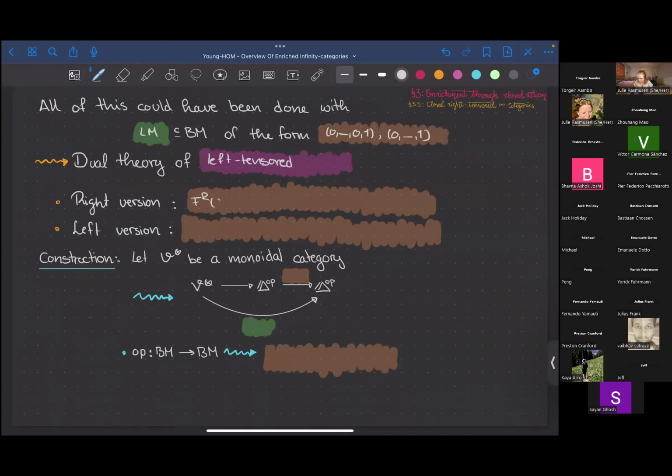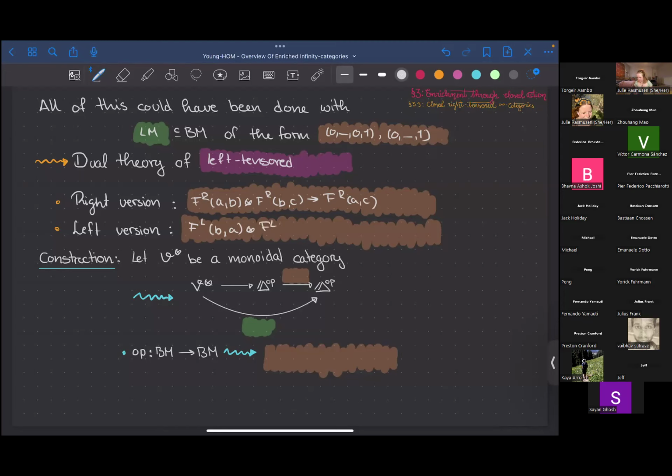So Fr, AB, tensored with Fr, BC, goes into Fr, AC. And this is directly compatible with our composition of the categorical V algebras, which is why I was focusing on the right version. But on the other hand, if we had considered the left version from the beginning, then we would have left morphism objects, which compose differently.